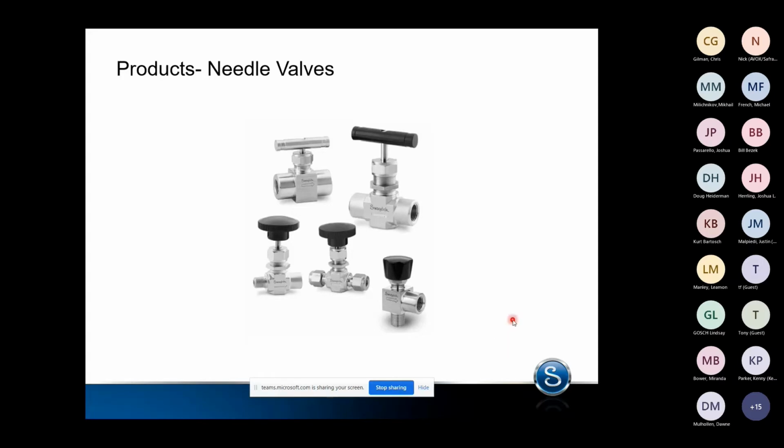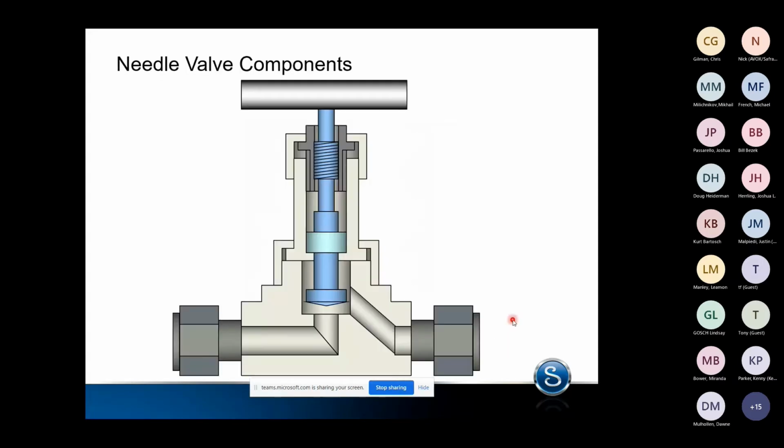Well, let's talk about needle valves. Similar to a ball valve, we're going to look at some of our key components, and we simplified what this sketch looks like here. In this cutaway, we've got a packing nut, and that's shown by this darker gray figure right there. We have the bonnet of the needle valve.